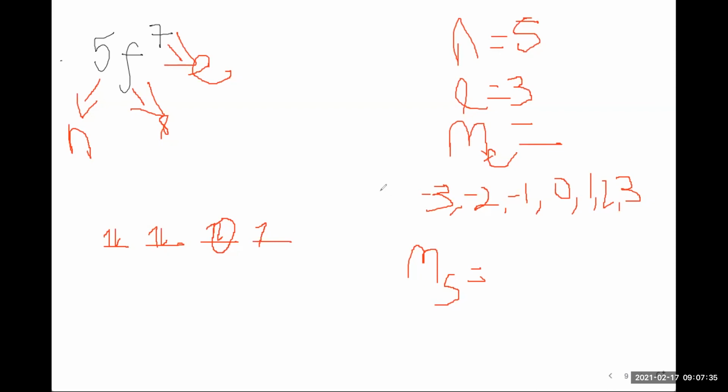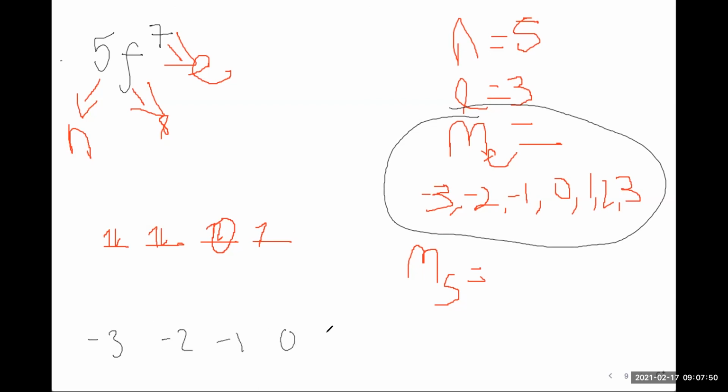So I'm gonna stop you there, Abby. If we take a look at our ML right here, this tells us our range. So -3, -2, -1, 0, 1, 2, 3. And all those numbers are gonna be orbitals. You see that? So what is the difference between yours and the bottom one? Oh my God, I'm so sorry.